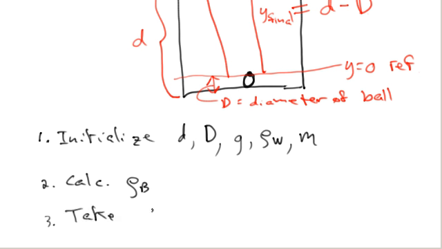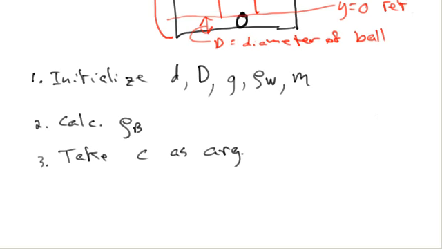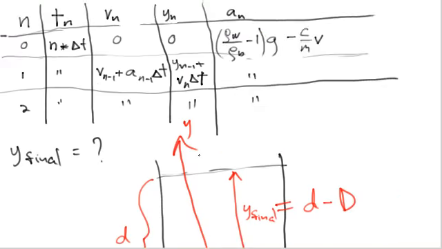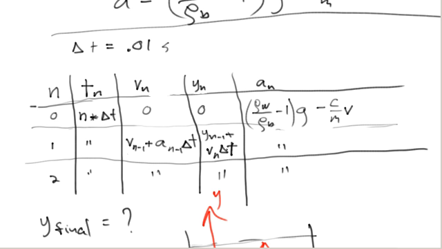Take C as an argument, and then I think what I want to do is set the values of T0, V0, Y0, and A0.